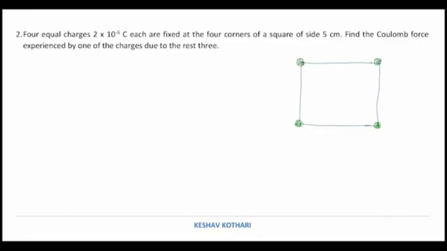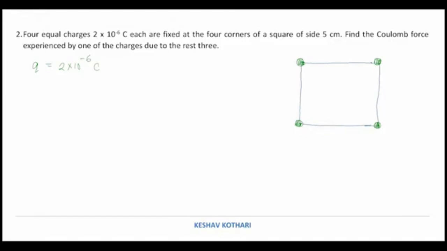Now the charges are of equal magnitude. Q equals 2 into 10 to the power minus 6 coulomb. They are fixed at the four corners of the square of side 5 centimeter.